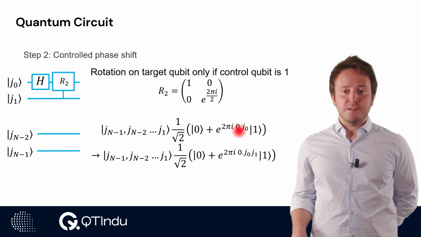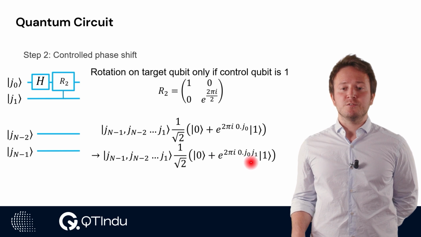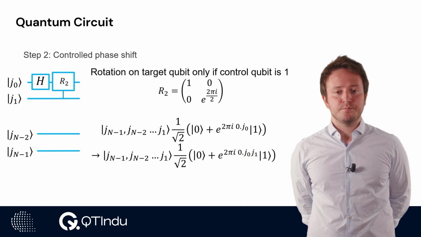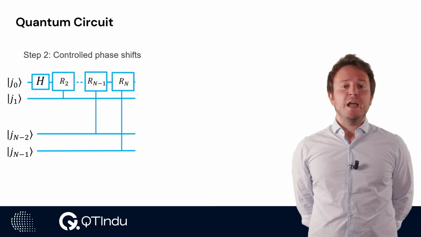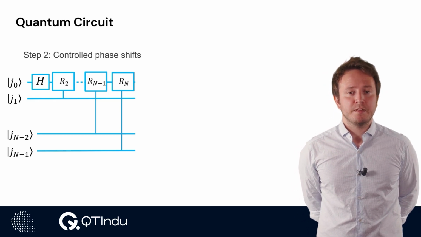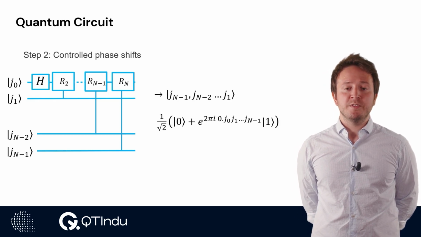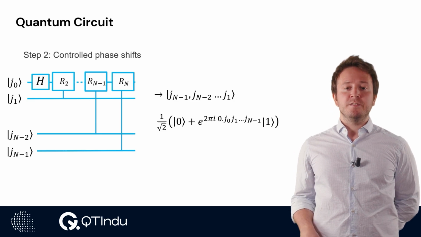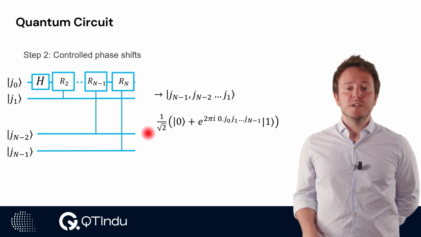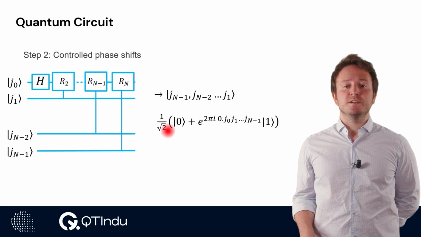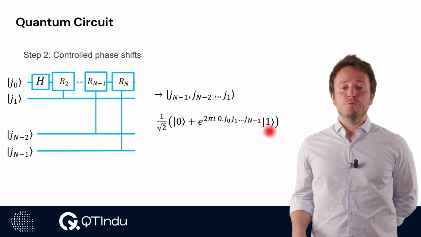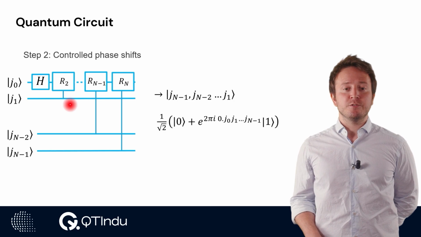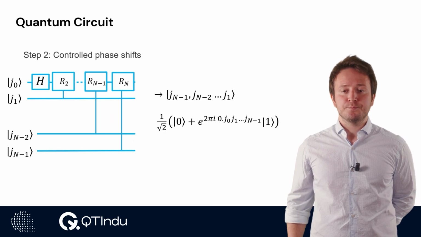So this means that we add in this decimal number an extra factor of j1. We can repeat this n times. And what we obtain for the first qubit is a state given by the coherent superposition between 0 and 1 with a phase shift that depends on the state of all the other qubits.